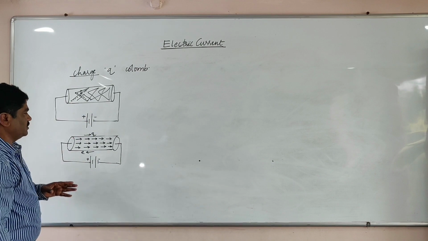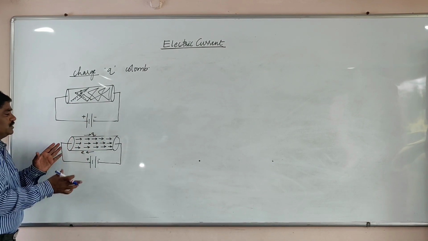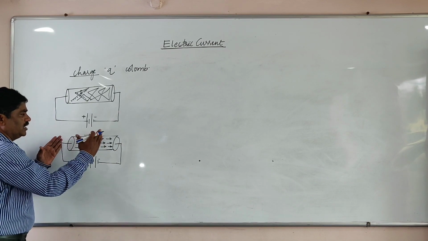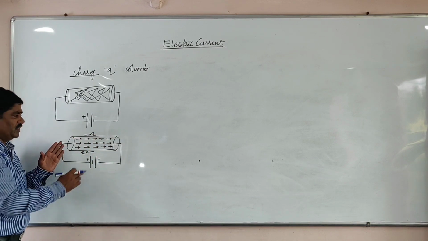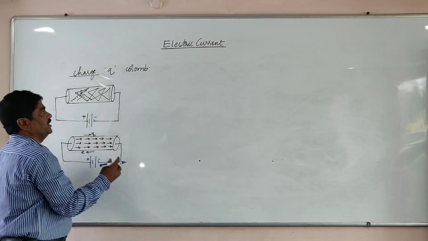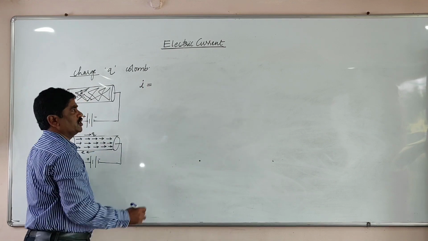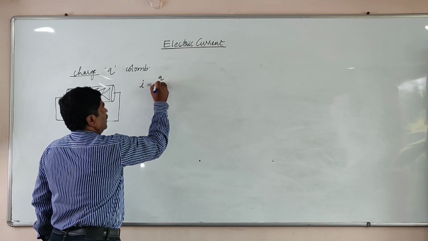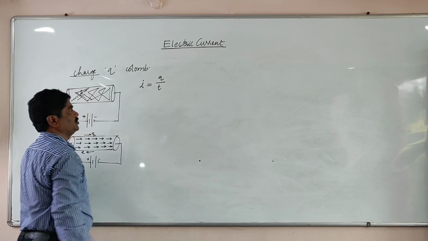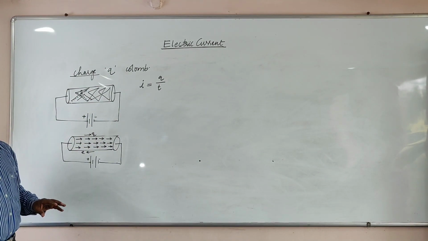Now electric current can be defined based on this charge flow. Charge is flowing from one end of the conductor to the other end, moving in a cyclic process. In this way, electric current is denoted by I, and it is defined as the rate of flow of electric charge through the cross section of the conductor.